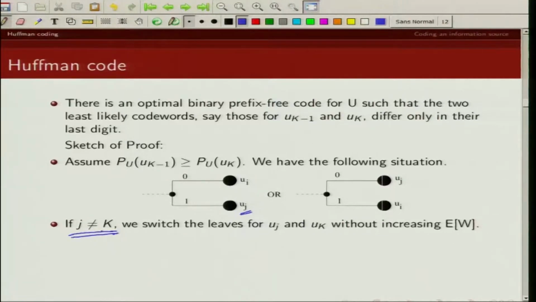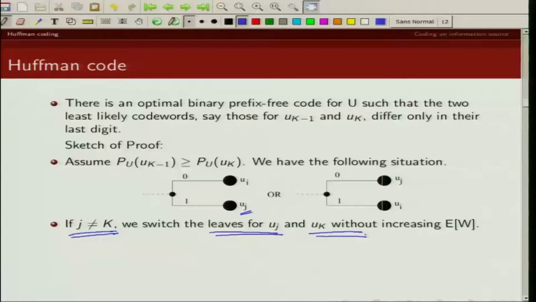So if J is not equal to K, we can always switch the leaves of U_J and U_K, because the probability of U_J is more than the probability of U_K, and we are moving U_J to a smaller depth. In the process this swapping would not increase the expected value of W. In fact, it can decrease.